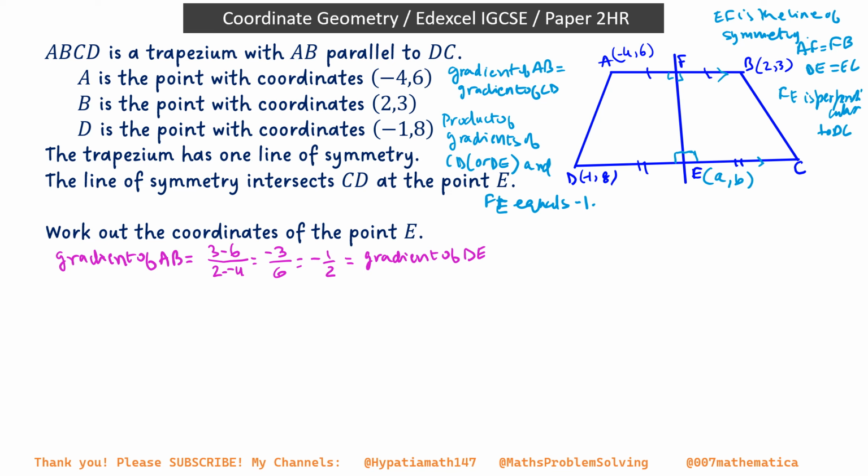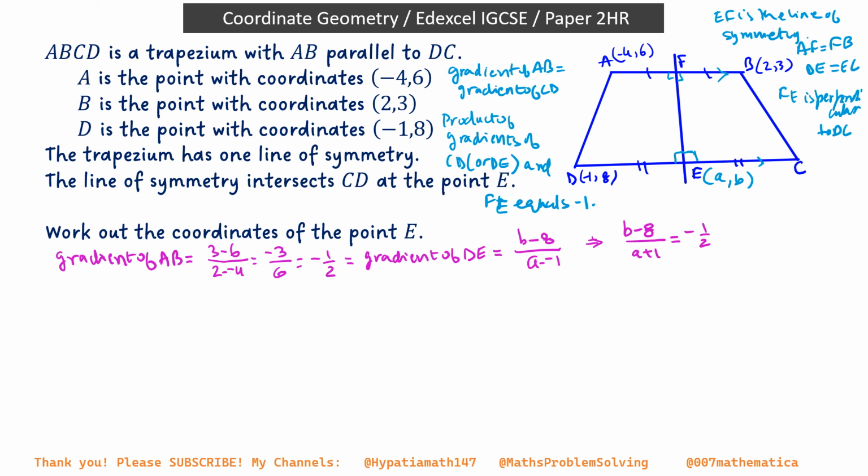So we can form an equation here, that the gradient of DE is equal to B minus 8 divided by A minus minus 1. So that implies B minus 8 out of A plus 1 is minus 1 out of 2.